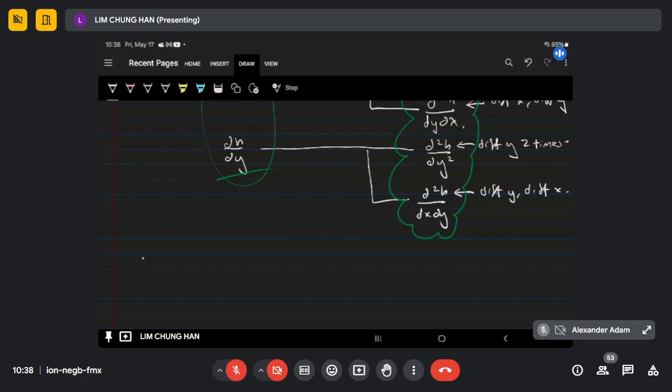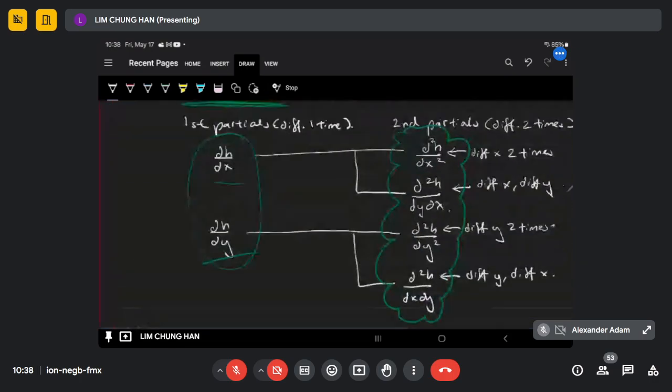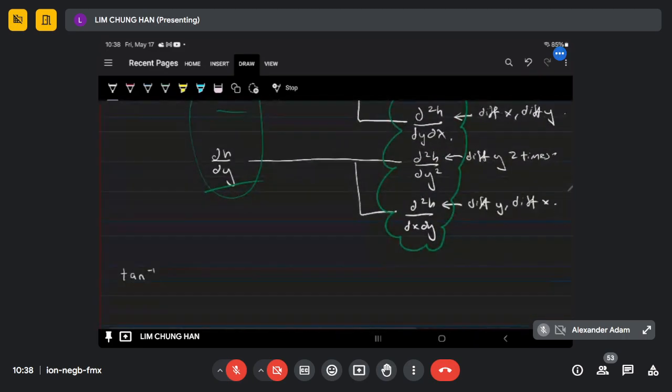Okay, so inverse of tangent. I'm not gonna do the difficult one, y over x. I'm just gonna tell you the simple one first. Inverse of tangent x is actually arctan x. Have you seen arctan x before? No? Okay. Inverse of tangent is basically the same as arctan.